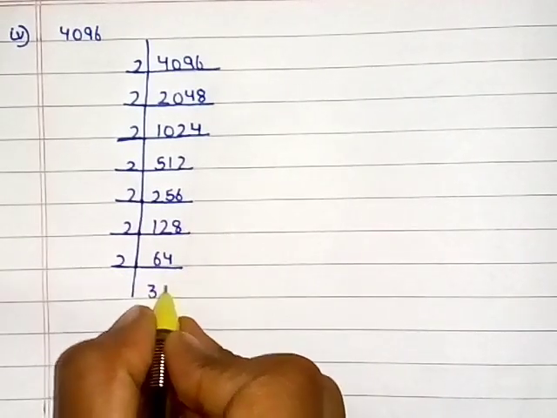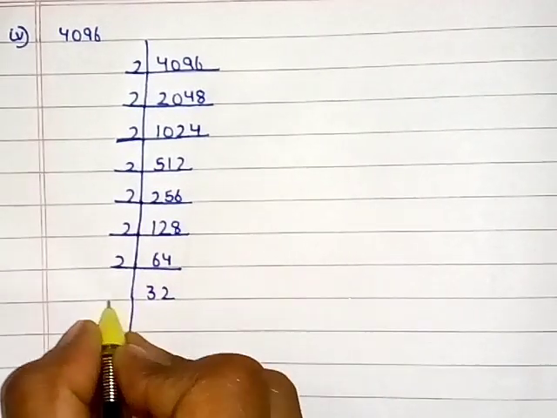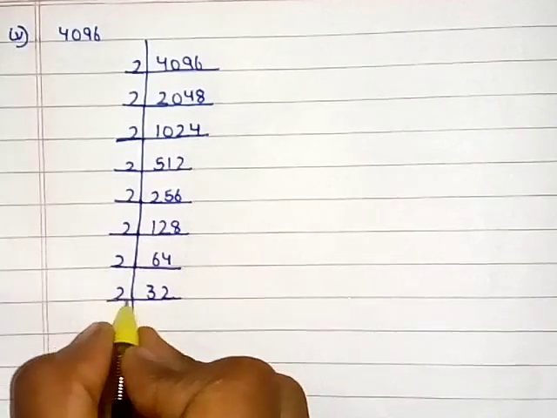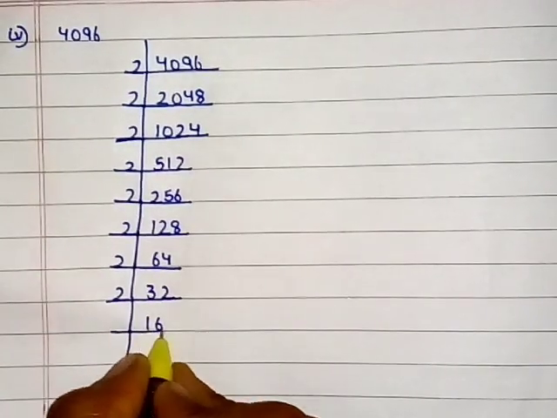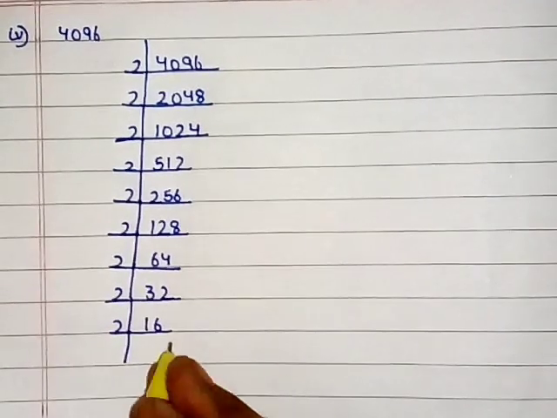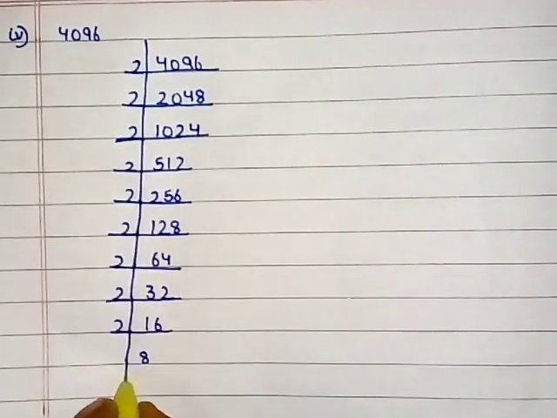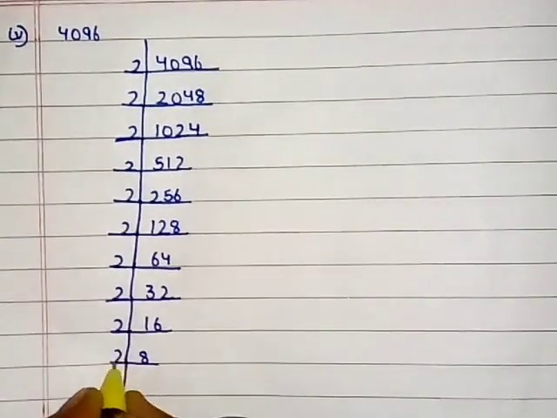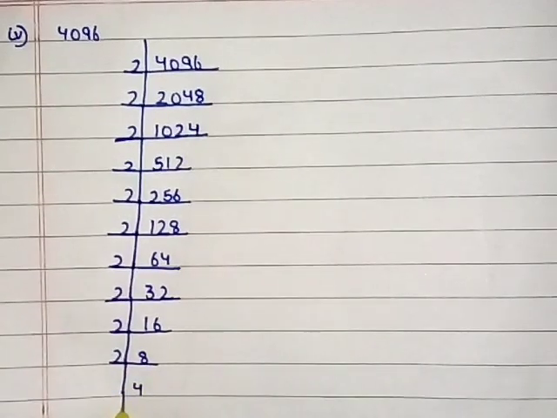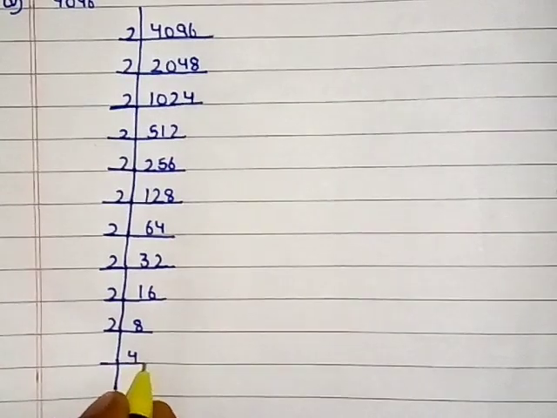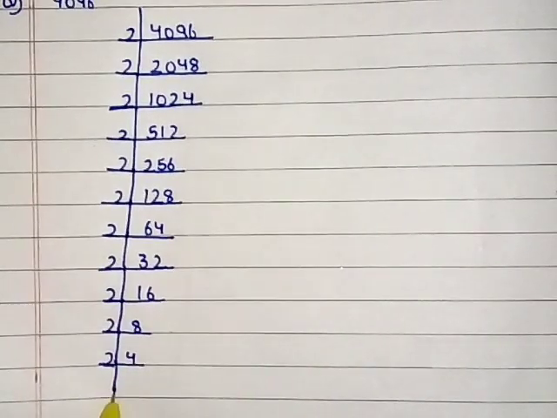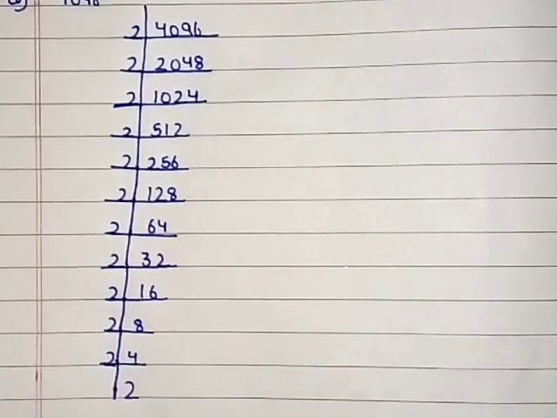We will get 32. Then again when divided by 2 we get 16. Again on 2, 8. 8 divided by 2, 4. 4 divided by 2, now we finally get the number 2.